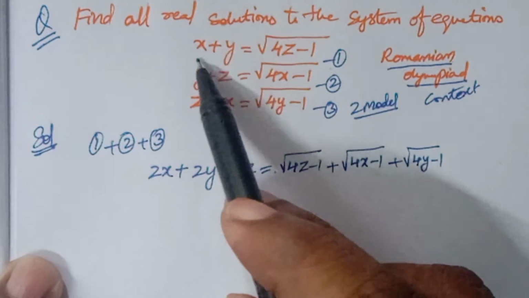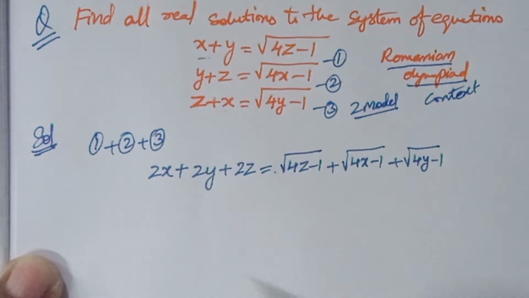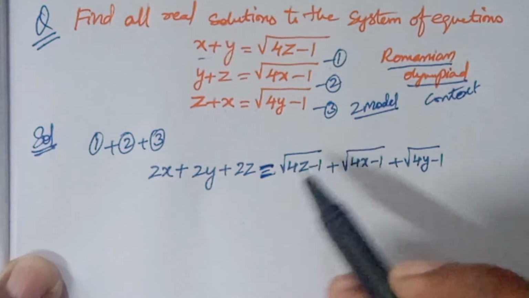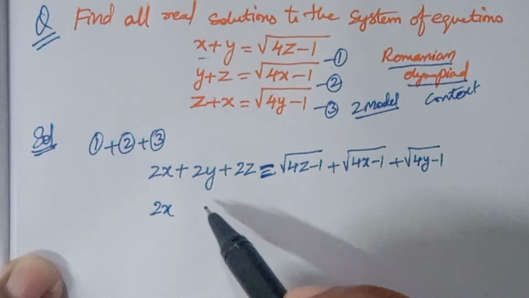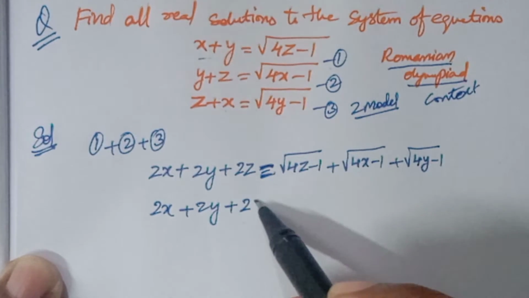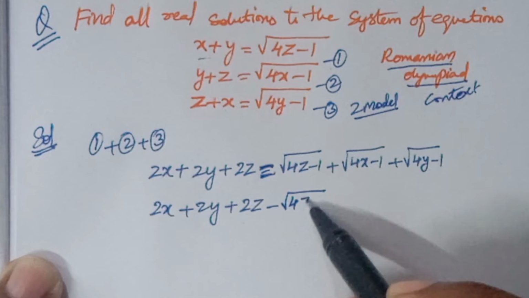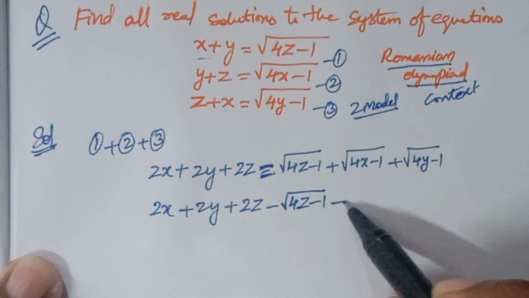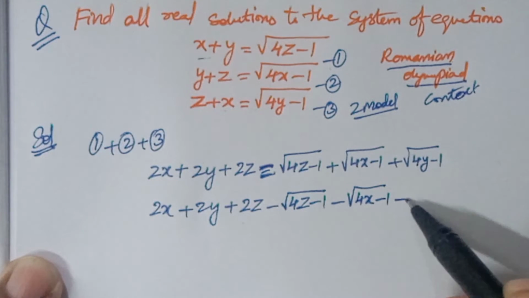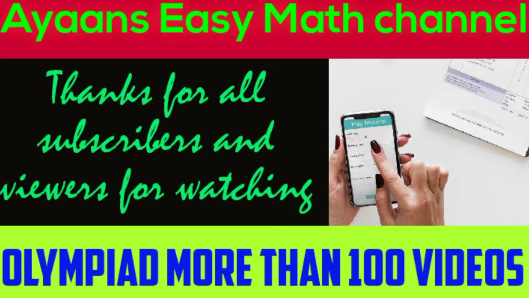So here x and x gives 2x, y gives 2y, z gives 2z. Now send all the terms to one side. We get 2x plus 2y plus 2z minus square root of 4z minus 1 minus square root of 4x minus 1 minus square root of 4y minus 1.